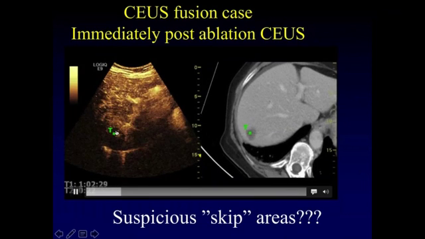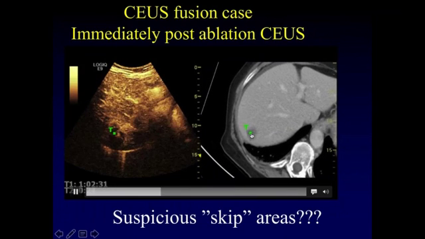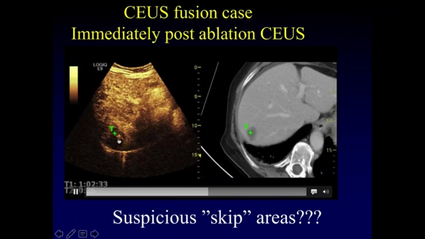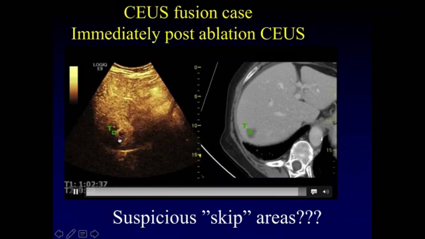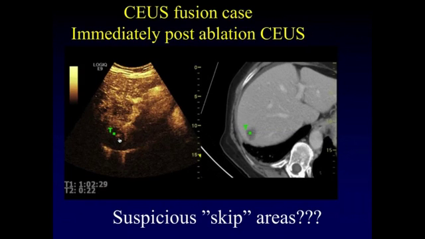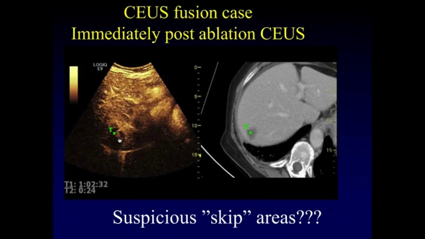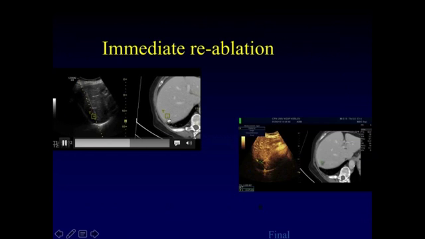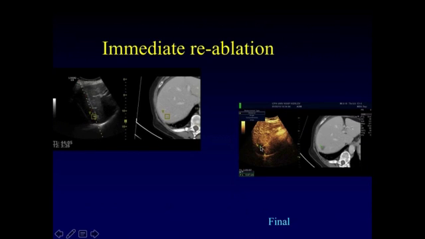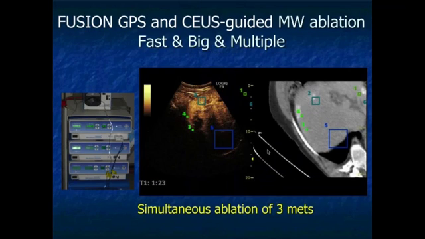We have a GPS marker telling us this is where the lesion was when we began the ablation, and you can see there is something still taking up contrast, so it might be suspicious of a skip area. So immediately during the procedure, we go on and use the GPS marker to do a second ablation at the same time. After that, there were no skip areas suspected on the B-mode and the CEUS, and then the procedure was considered done.